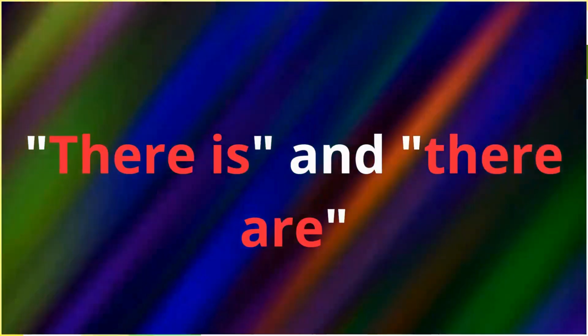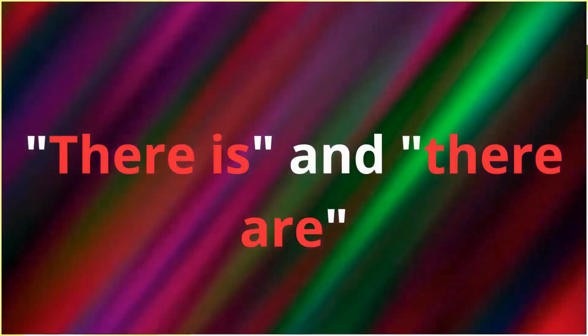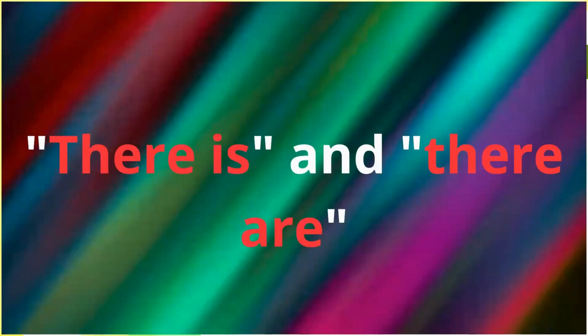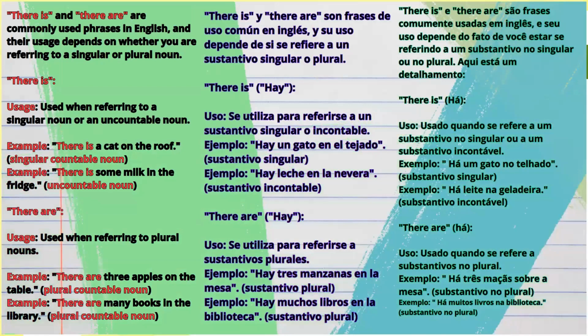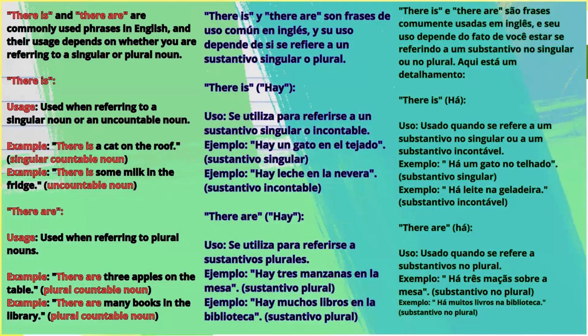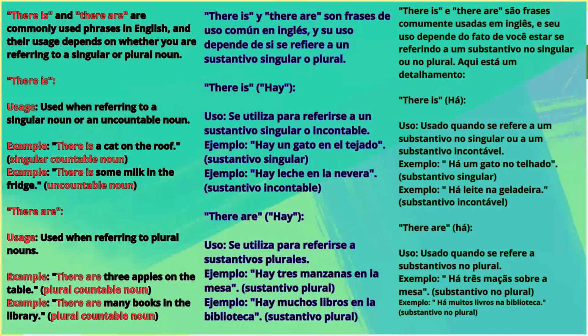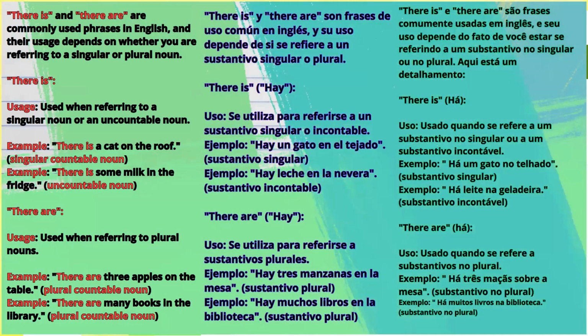There is and there are. There is and there are are commonly used phrases in English, and their usage depends on whether you are referring to a singular or plural noun.